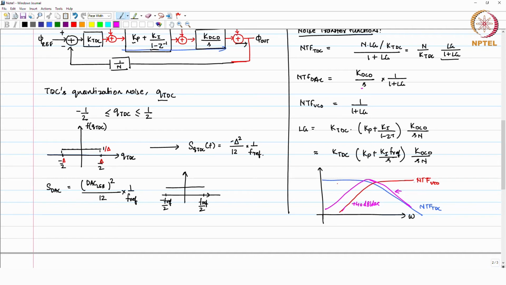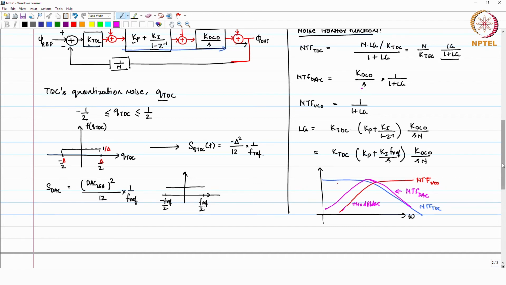In this case, most of the time the noise is going to be dominated by either the noise from the TDC or noise from the VCO. DAC noise is still lesser, not that you can neglect it, but most of the time the TDC noise or the VCO noise will dominate.